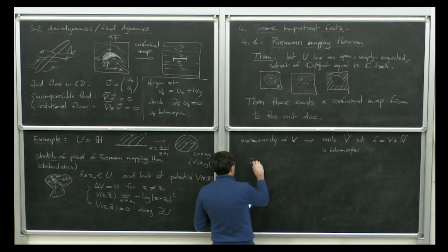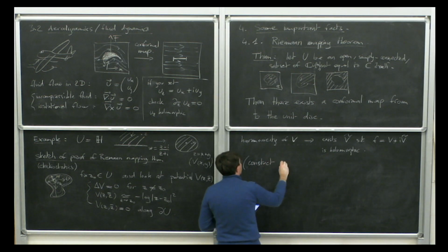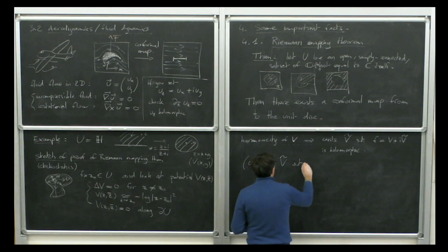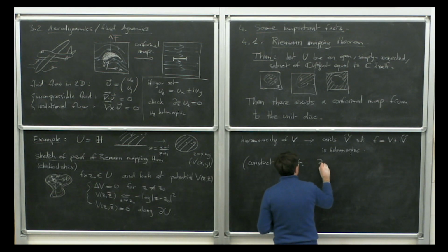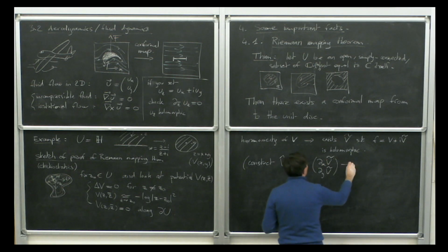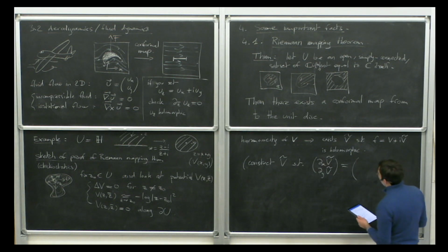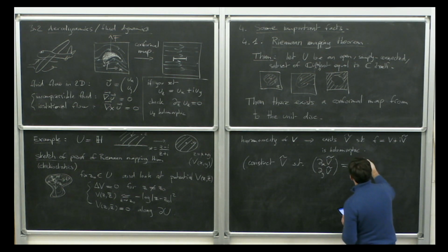It's just because we can construct V tilde such that the gradient of V tilde is equal to the gradient of V rotated by 90 degrees.